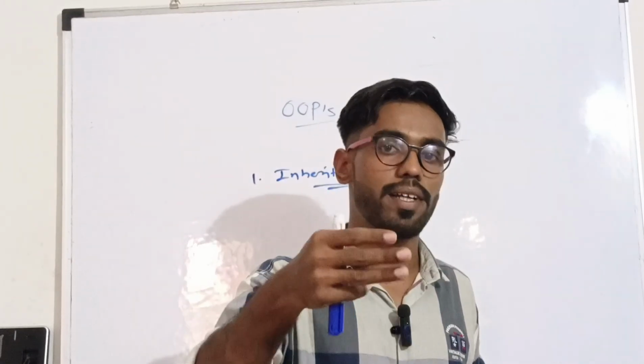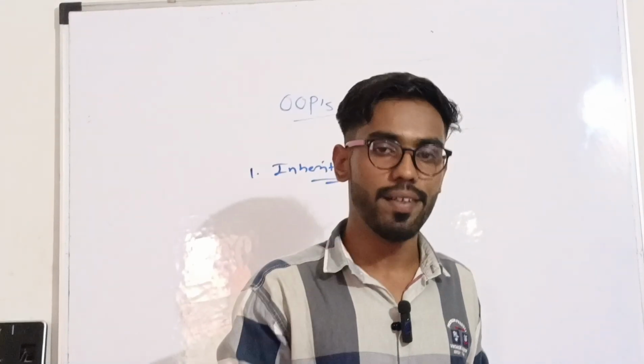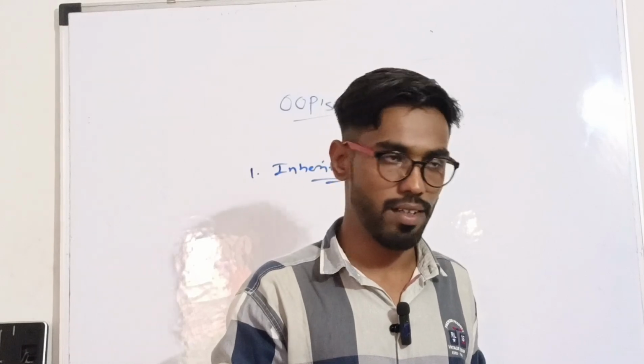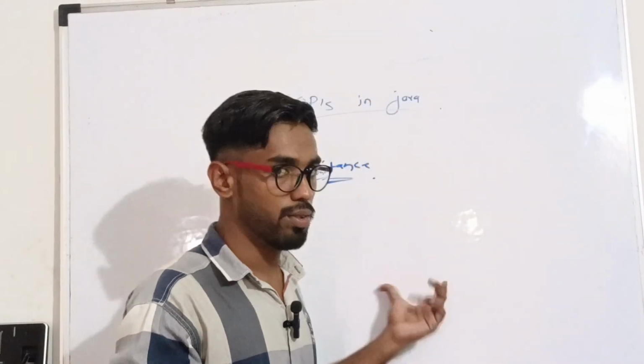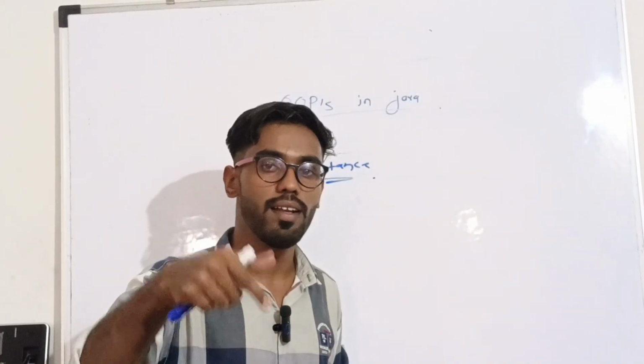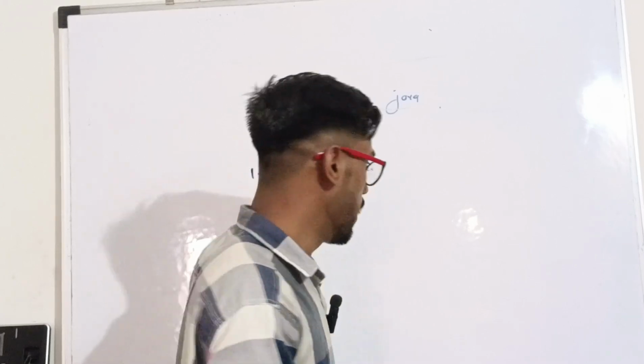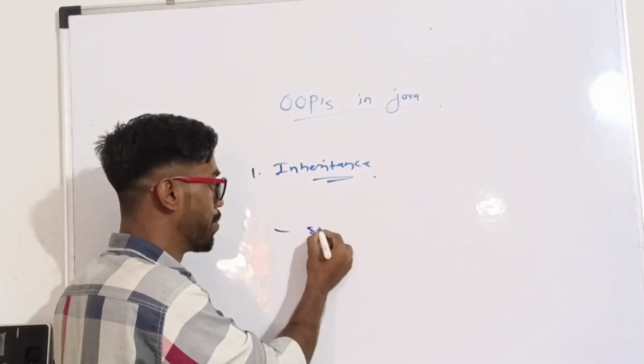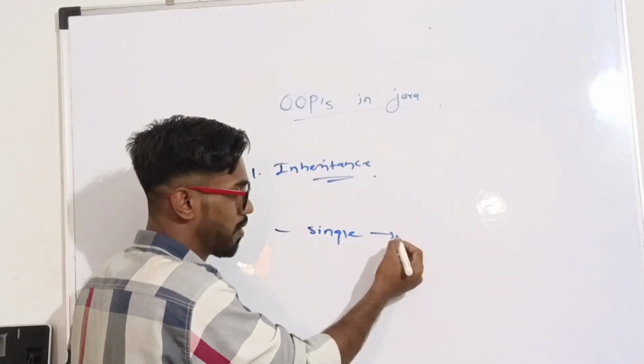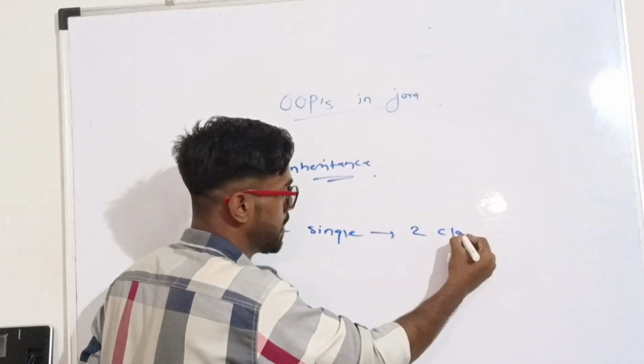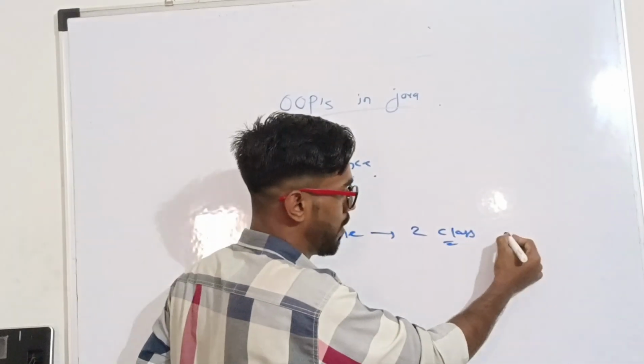There are three major types in Java: single, multi, and hierarchical. So what is single level inheritance? For single level inheritance, we compulsorily need two classes.